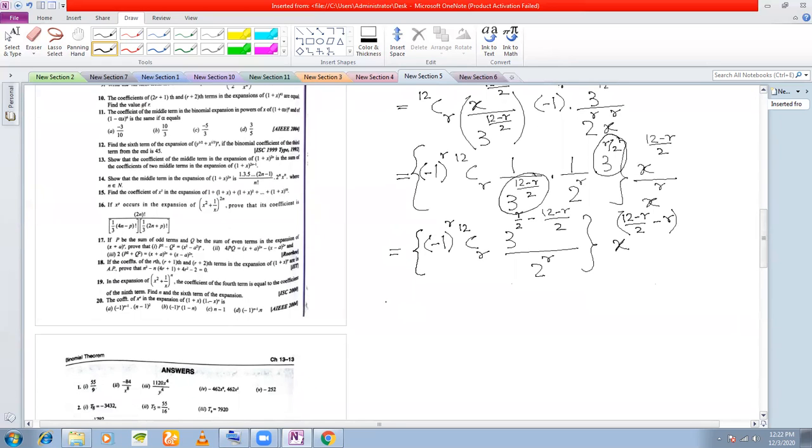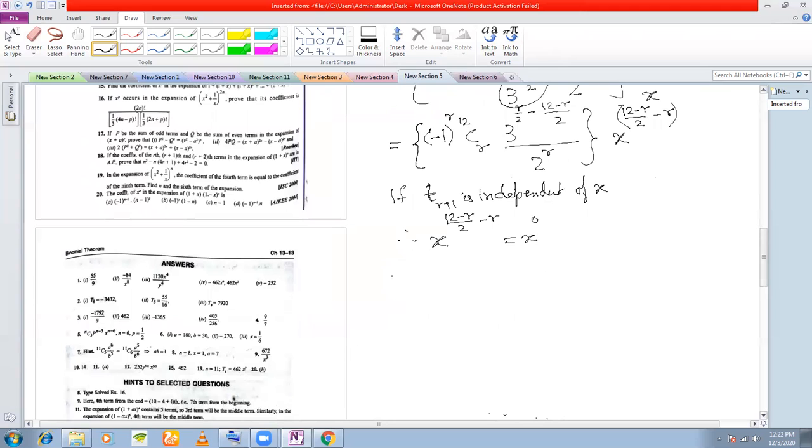Now, if tr plus 1 is independent of x, what did I tell you? If tr plus 1 is independent of x, then what should be the power of the variable? 0. So therefore, x to the power of 12 minus r by 2 minus r must be equal to x to the power of 0, right? That means 12 minus r by 2 minus r must be equal to 0.